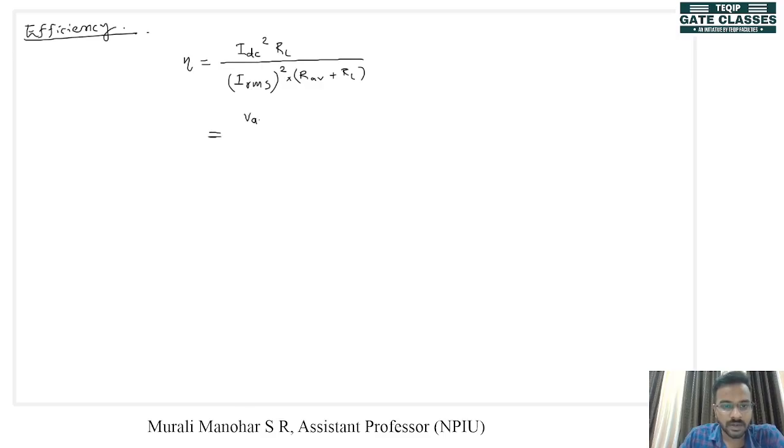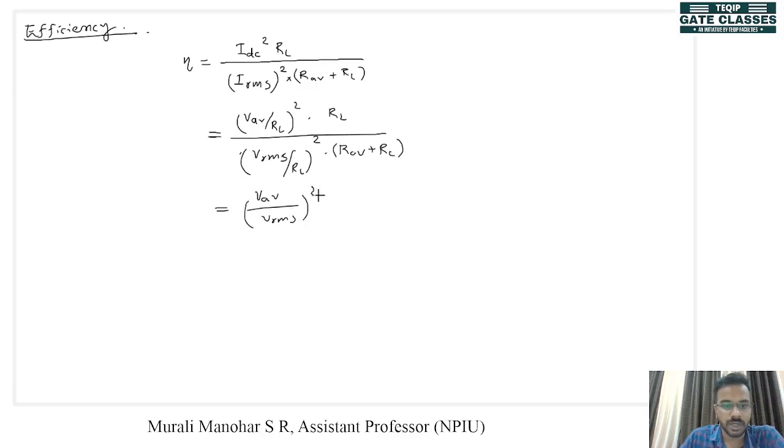IDC square is V average divided by RL the whole square into RL, divided by I RMS, which is V RMS divided by RL the whole square into RAV plus RL. You can cancel RL square from here. So VAV divided by VRMS the whole square into RL divided by RAV plus RL.